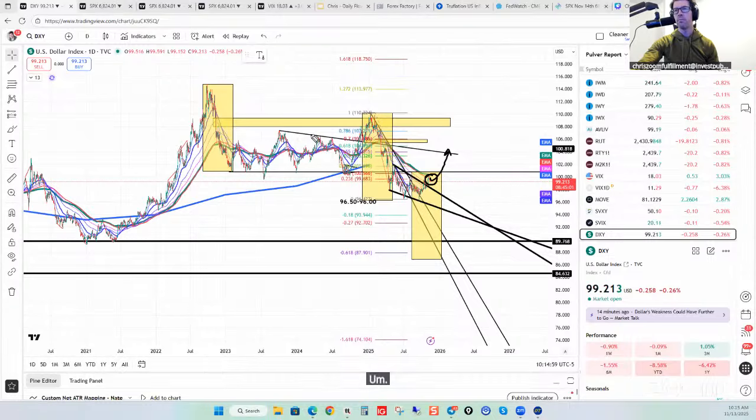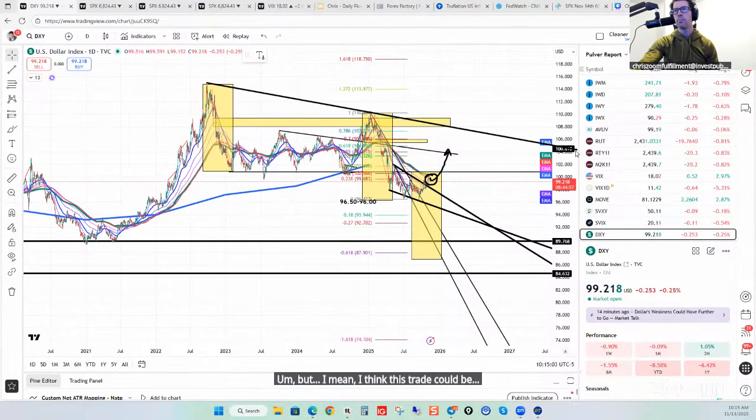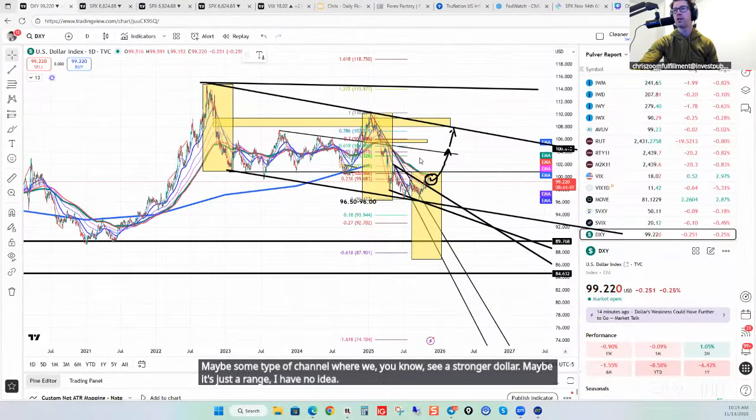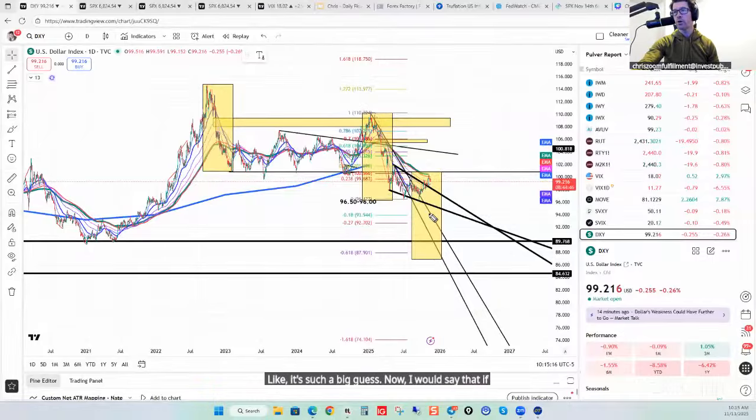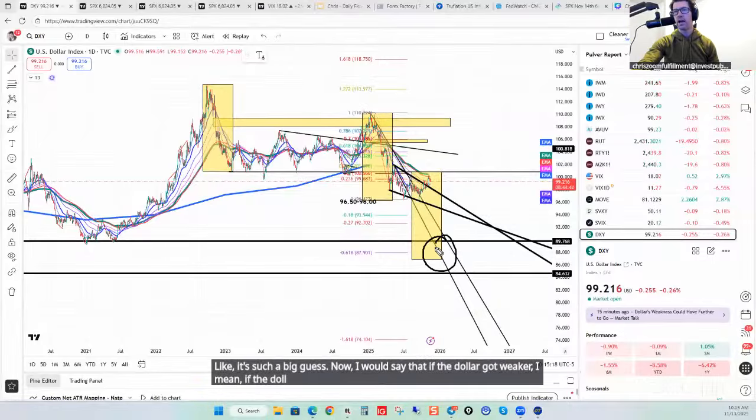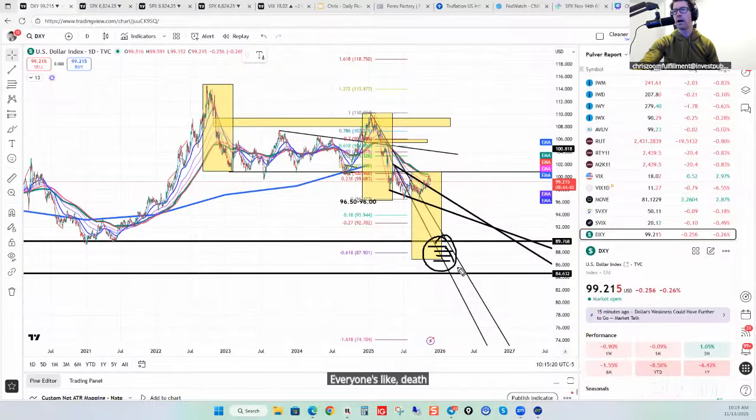But I think this trade could be maybe some type of channel where we see a stronger dollar. Maybe it's just a range. I have no idea. It's such a big guess. Now, I would say that if the dollar got weaker, if everyone's like death of the dollar, blah, blah, blah, I would have been long the dollar.